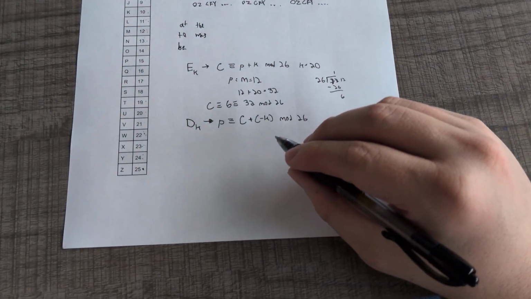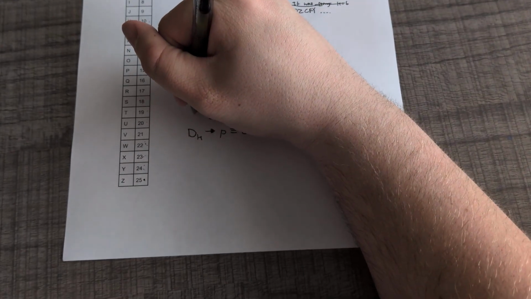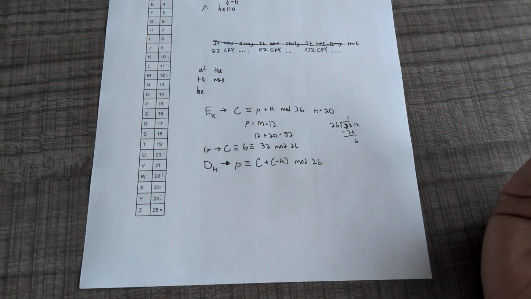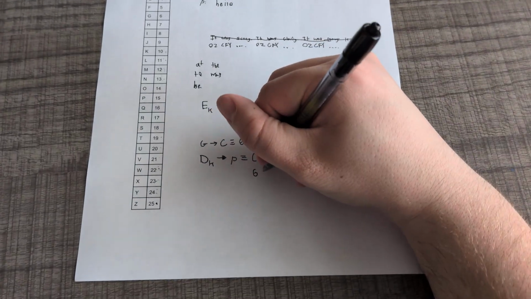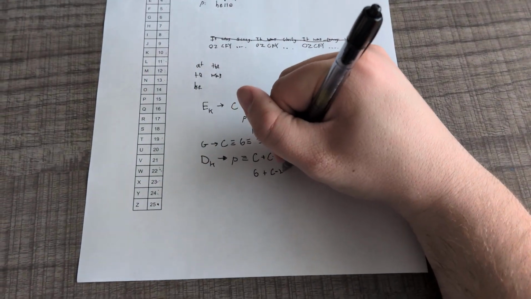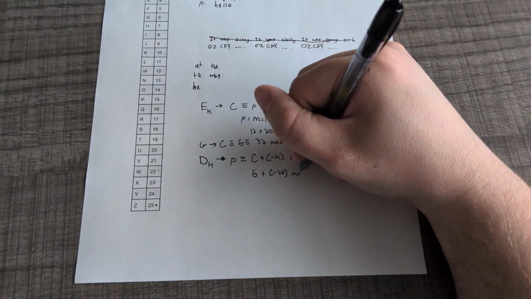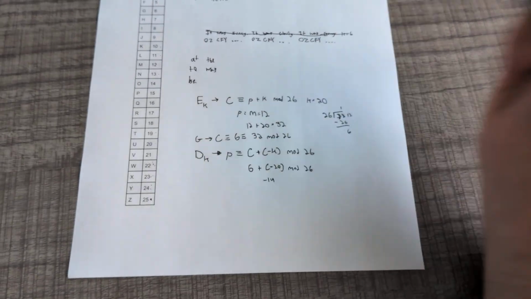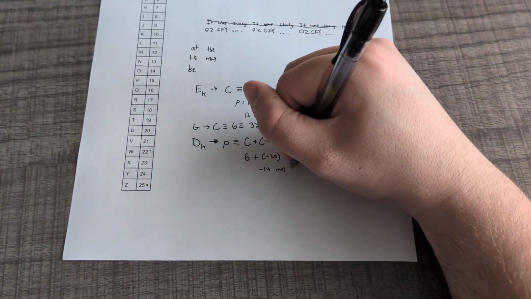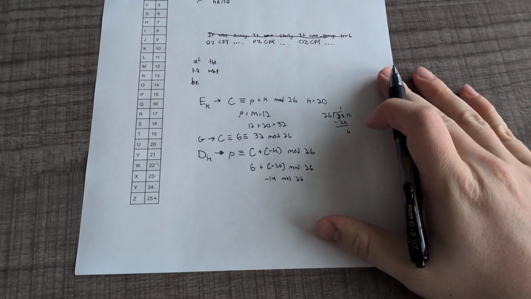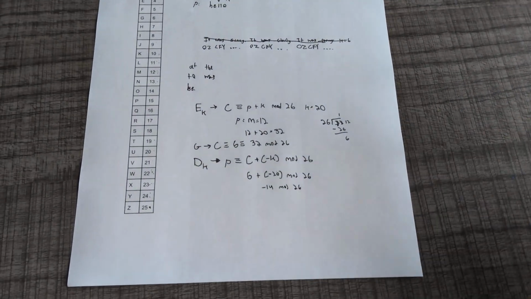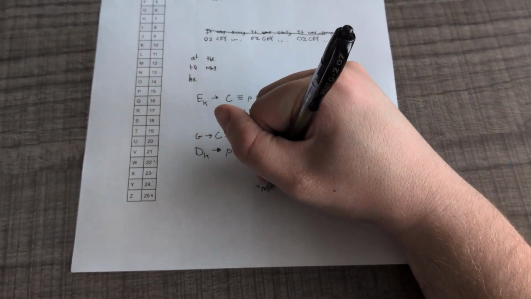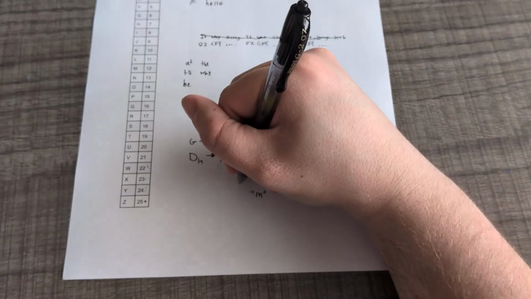So let's say we want to go from our G. That's a G, so that's going to be 6 plus negative 20 mod 26. So it's going to be negative 14 mod 26. And if we do this out the long division way, we're eventually going to come out to the letter M, right? So that's our plaintext.